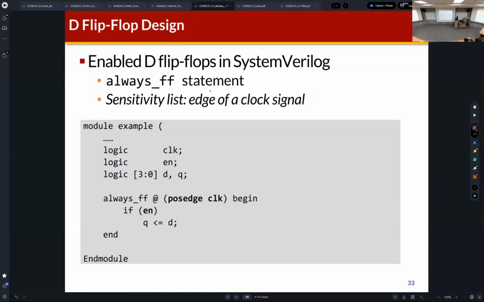We can also implement the enabled flip-flop using SystemVerilog. This is the implementation of the enabled flip-flop in SystemVerilog.